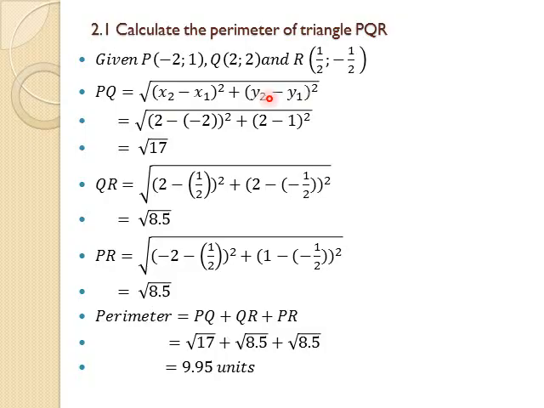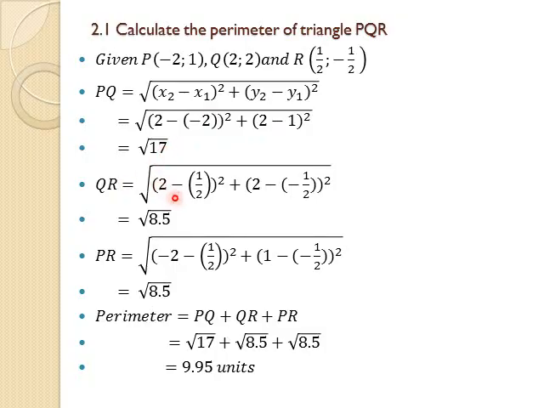That's the distance formula. For PQ, 2 minus minus 2 all squared, 2 minus 1 all squared. So 2 plus 2 gives me 4, 4 squared is 16, 2 minus 1 is 1, 1 squared is 1, 1 plus 16 gives me square root 17.